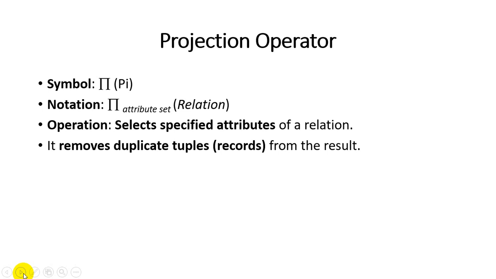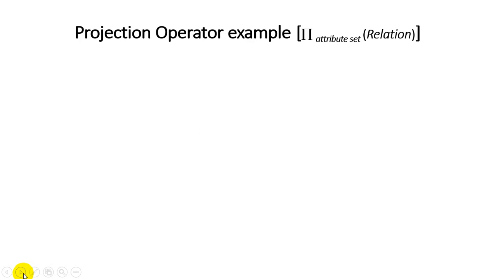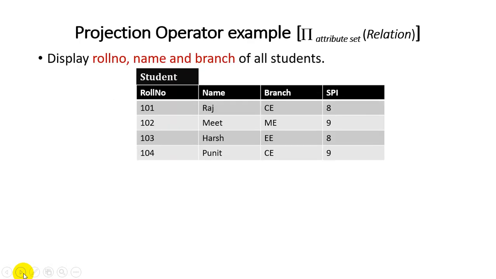This is one of the key points you need to remember: whenever we use a projection operator, it removes duplicate tuples, or rows, from the results. Now see the example. Display roll number, name and branch of all the students. As stated, the student relation has 4 attributes, but we require only 3 attributes, or columns. With the help of the projection, or pi symbol, we retrieve only 3 attributes.